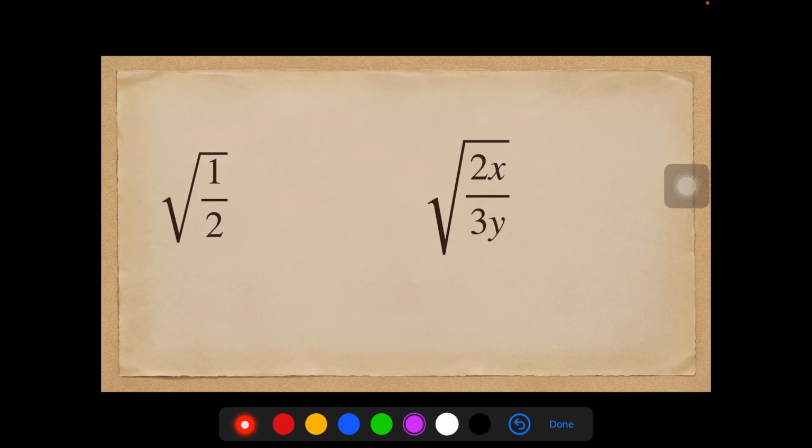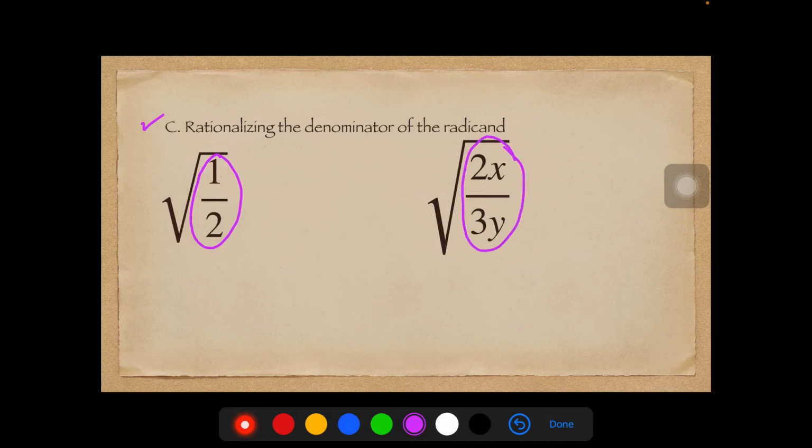let's have another one. We have rationalizing the denominator of the radicand. This is already the third way in simplifying radicals. So, take note that when we have a fraction as a radicand, just like 1/2 and 2x over 3y, these are not in the simplest form because they are fractions.